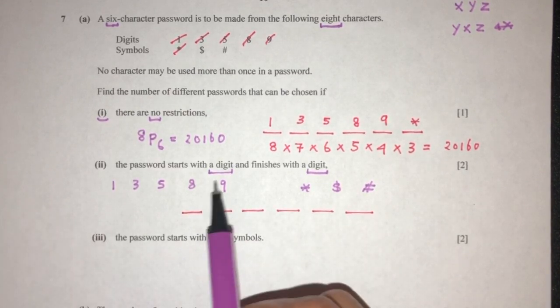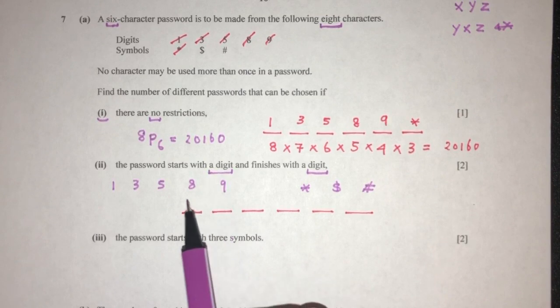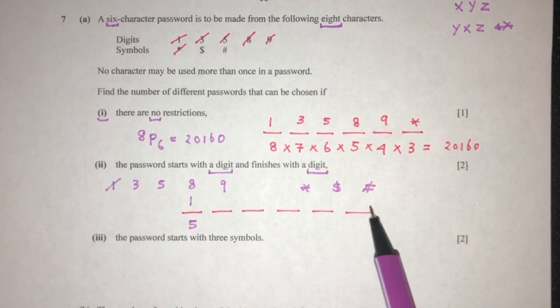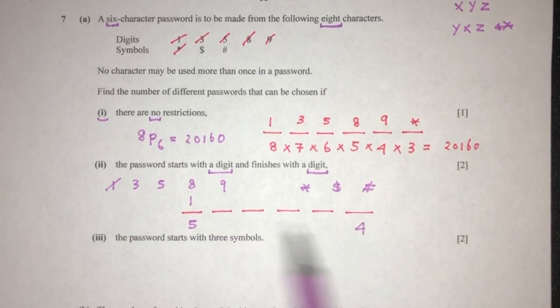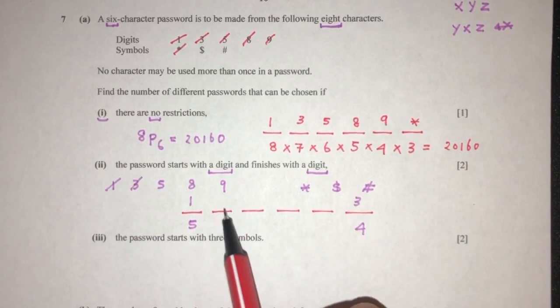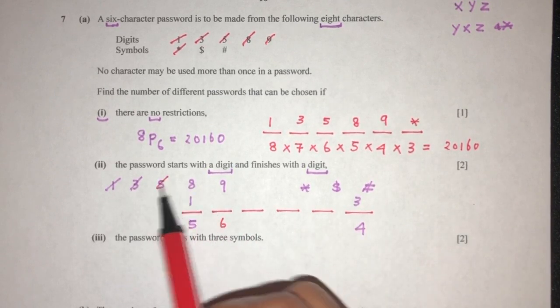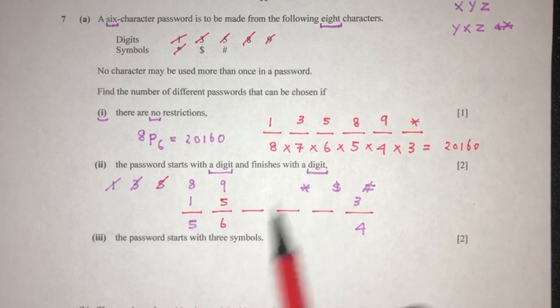Now for the condition to be satisfied, we need to begin with a digit. So for this first position, I will have 1, 2, 3, 4, 5 options. Let's say we choose 1. And for this last position, I will have remaining 4 options. Let's say we choose 3. Okay. Now for this one, you will have remaining 1, 2, 3, 4, 5, 6 options. Let's say we choose 5. Remaining 5 options.